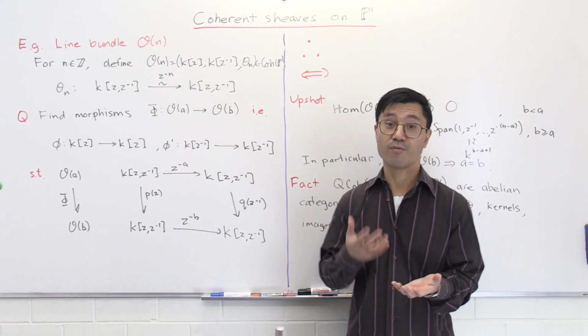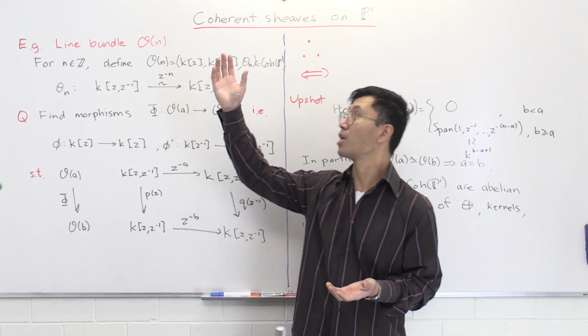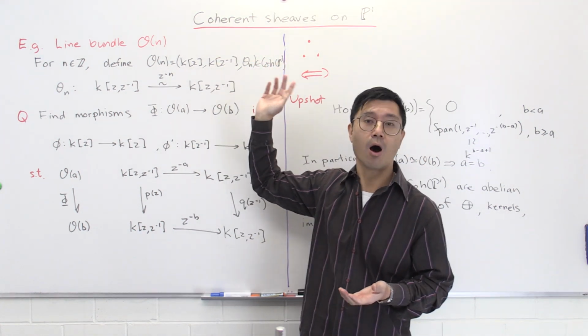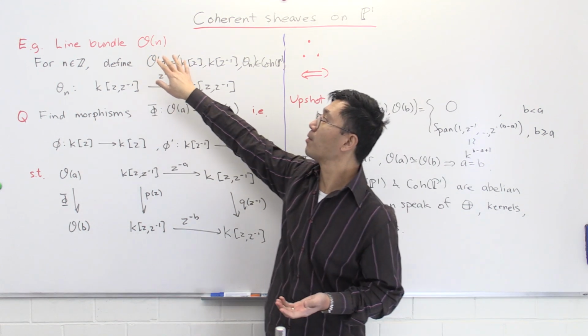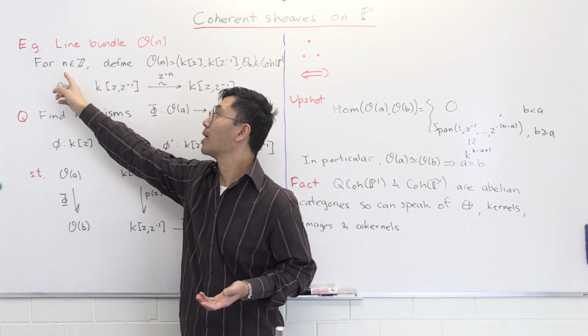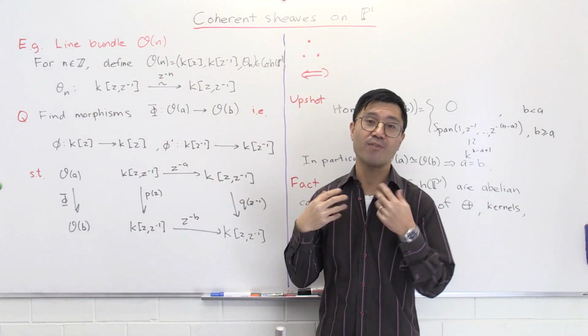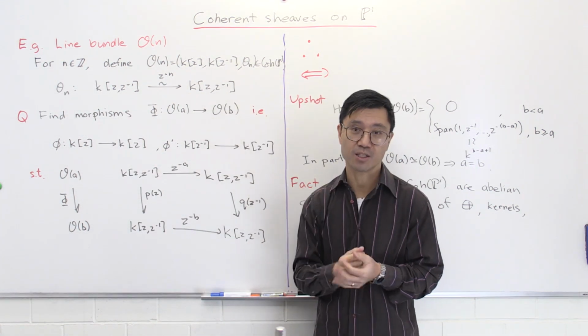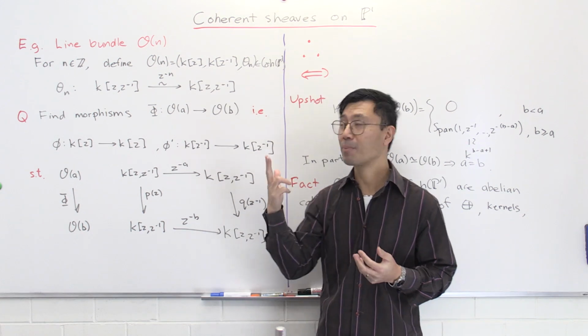I now want to give the very important example of coherent sheaves, which are the line bundles on P1. And they are all given by the following form, O(n), where n is any integer. Okay, so let me define for you what this coherent sheaf is. Remember, we need to have three pieces of data.